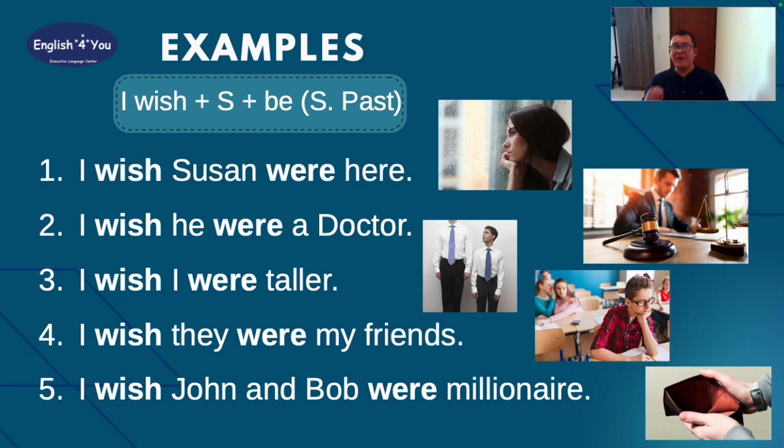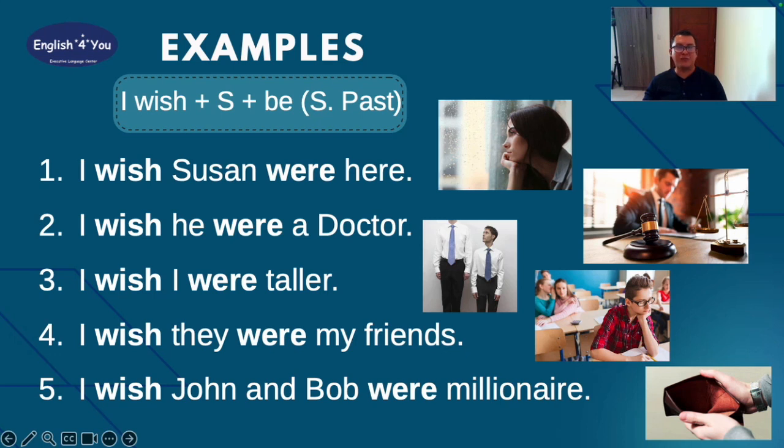Because remember, this is an imaginary situation. It's not an action in the past. No, no, no. It's an imaginary situation. So the sentence goes, I wish Susan were here. Is Susan there? No, Susan is not there.